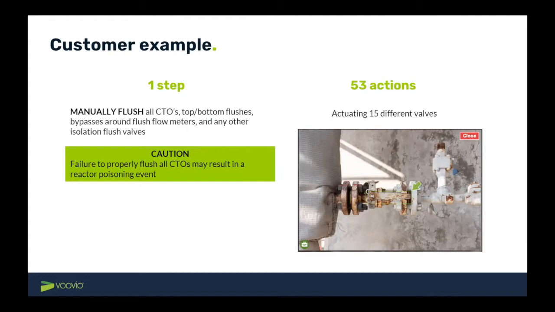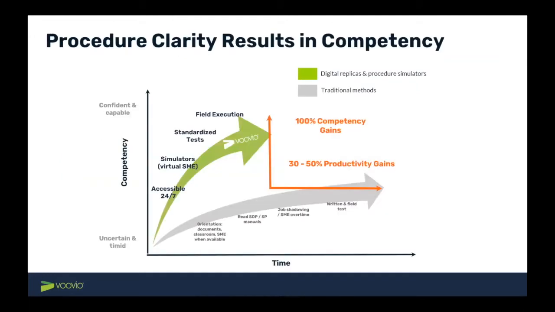So why is this important? Well, procedure clarity results in understanding, and an understanding for an operator results in competency. So this chart on the y-axis is a measure of operator competency, and on the x-axis is time. The gray arrow is what we find in most of our customers when we show up.